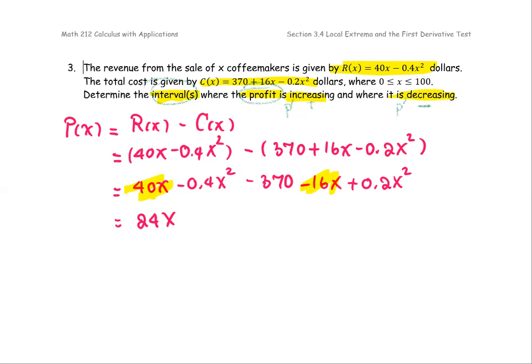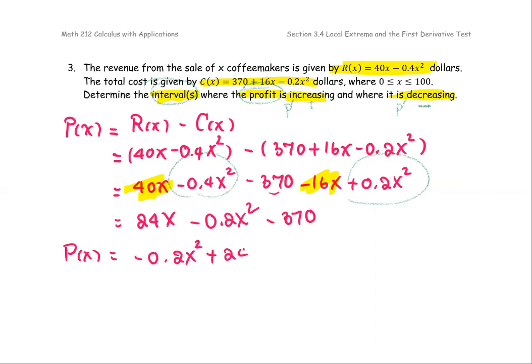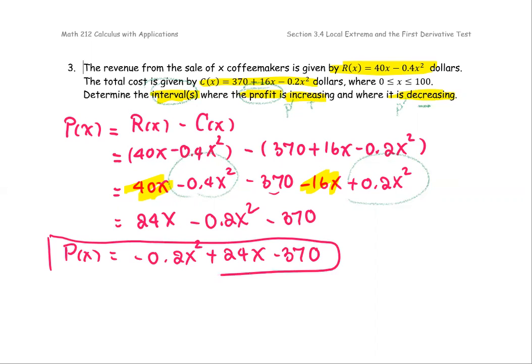And for the x to the second power, we have the term negative 0.4 plus 0.2, and that will give us negative 0.2x², and the standalone number, which is negative 370. Now we get the profit function, and we write it in the better order as P(x) = -0.2x² + 24x - 370. Set it aside. So this is the profit.